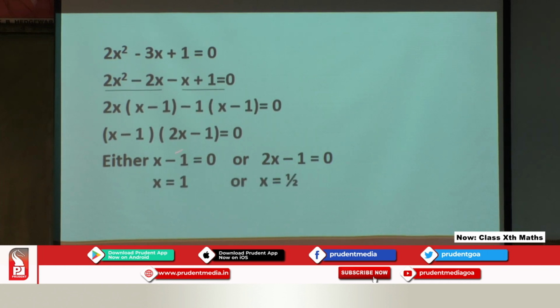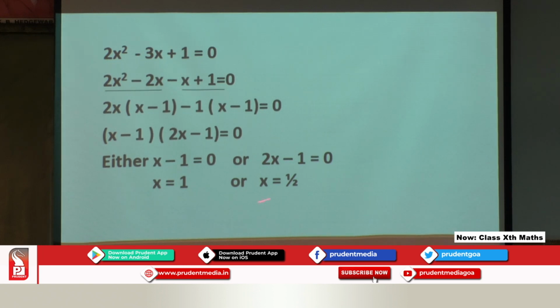Now we should find the value of x. Therefore, x is equal to 1, carrying minus 1 to this side as plus 1. Or for 2x minus 1 equal to 0, 2x is equal to 1, carrying minus 1 to this side as plus 1, therefore x is equal to 1 upon 2, carrying the 2 to the other side.